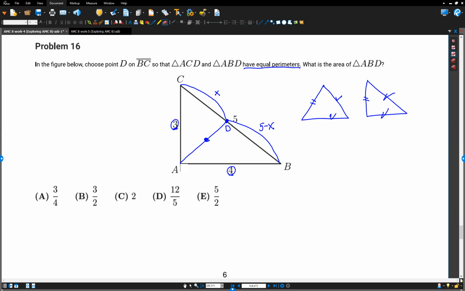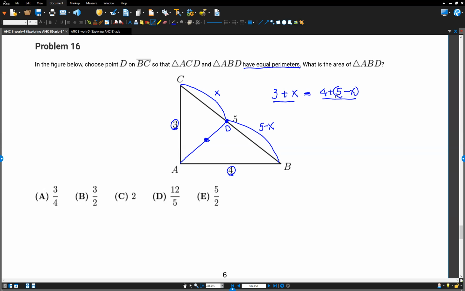AD is already equal. The only thing we have to check is 3 plus x on this side, and on the other side, 4 plus 5 minus x. The sum of these two sides should be equal. Now they have the same equal perimeters. Do you agree?